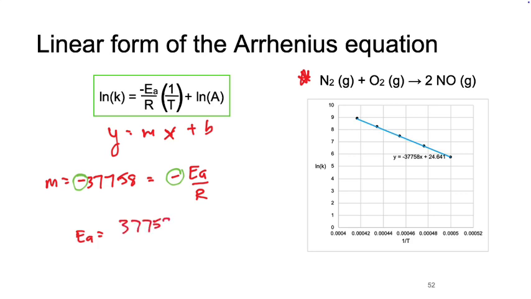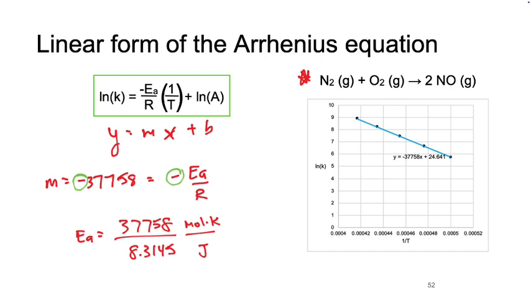So 37758 divided by 8.3145. What are the units on that slope? The 37758 isn't giving us units. Where are the units coming from? 8.3145, which was joules per mole Kelvin. Oh my goodness. Algebra, right? The people that are laughing might recognize the algebra. I didn't even recognize the algebra until I wrote down the unit.